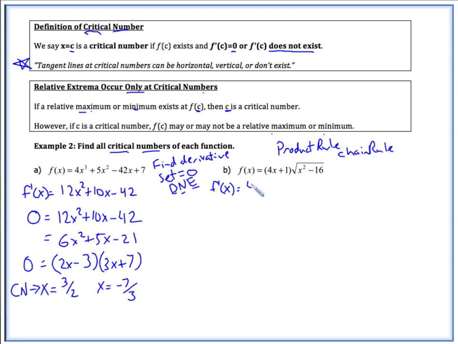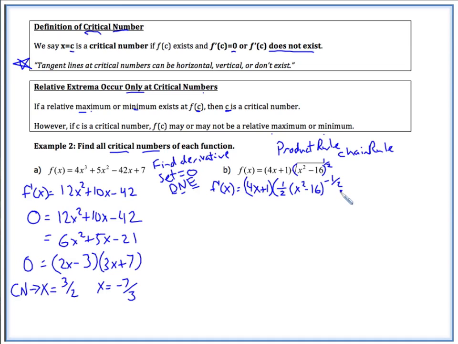And so we get our first function times the derivative of this function. Well, we'll just change that to be to the 1/2. It's a lot easier to deal with. So we get 1/2 times x squared minus 16 to the negative 1/2.